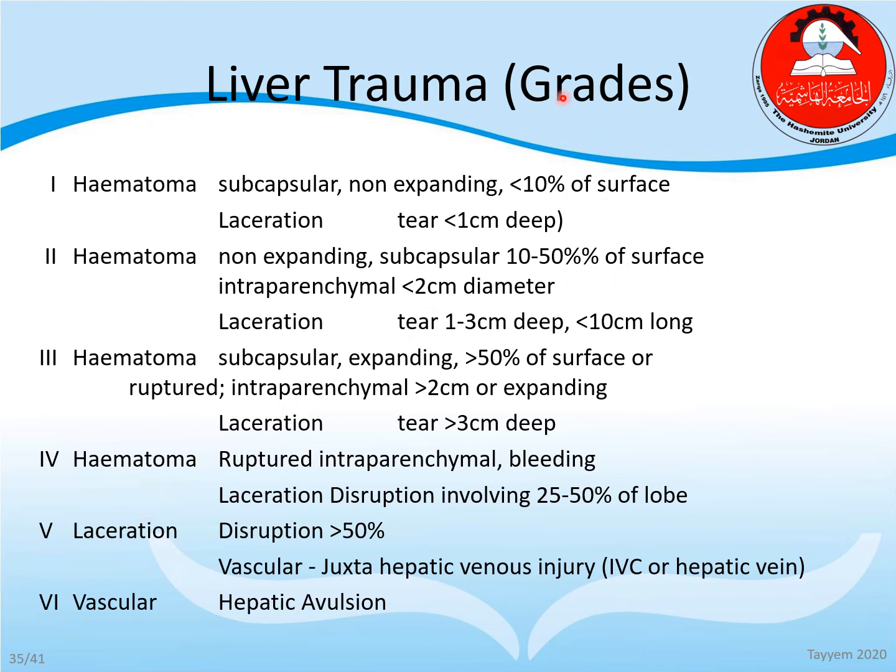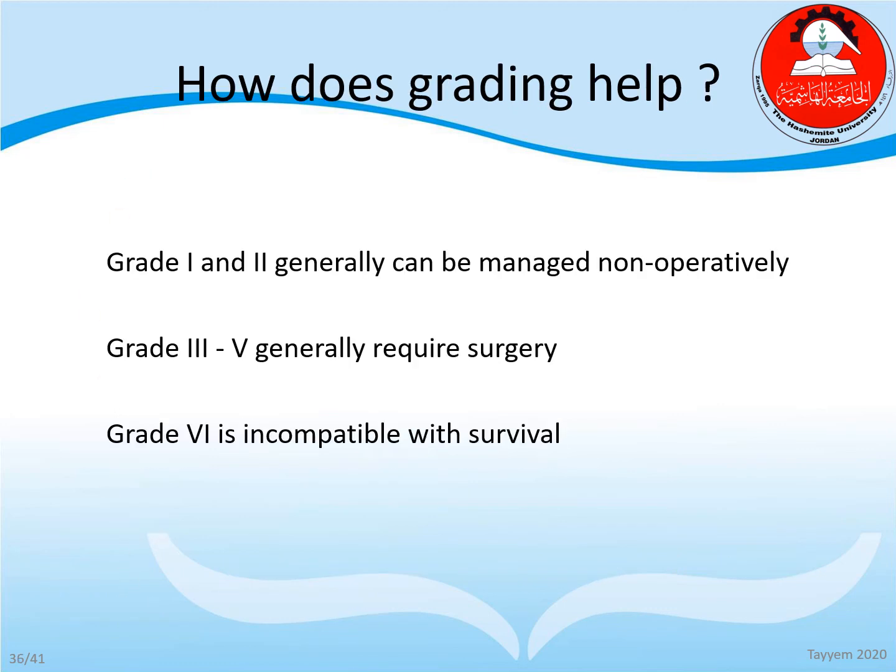This is a CT scan grading of liver trauma from 1 to 6, which will help you in future management of a patient with liver injury. Grade 1 and 2 are usually managed conservatively. Grade 3 to 5 need surgical intervention.